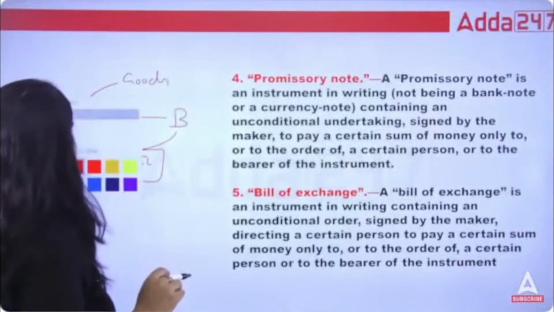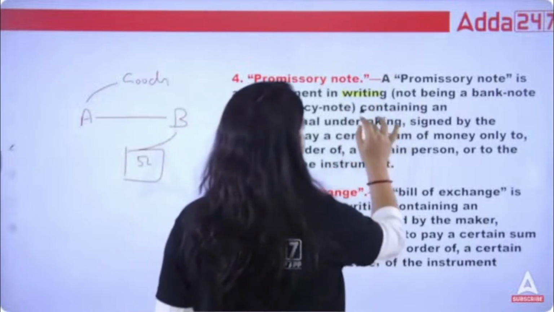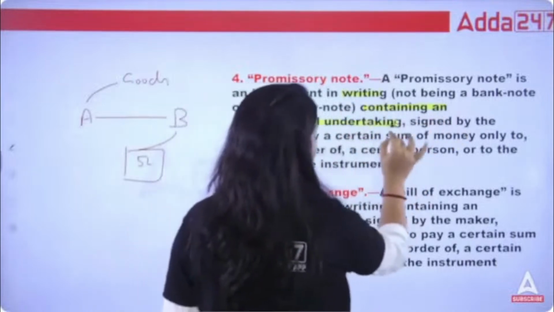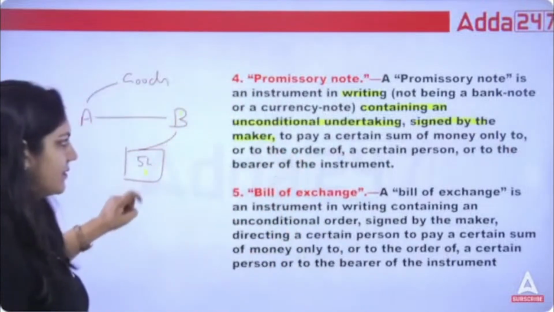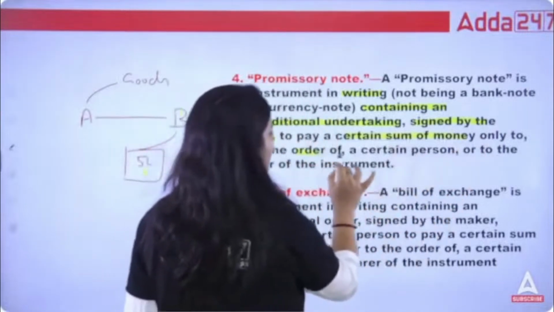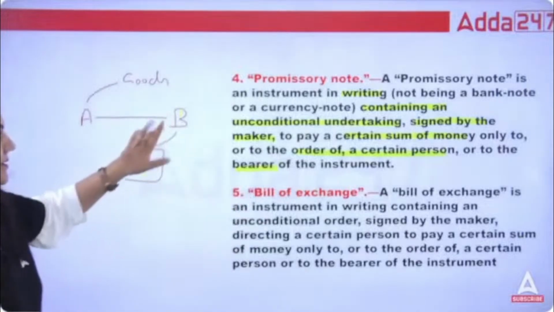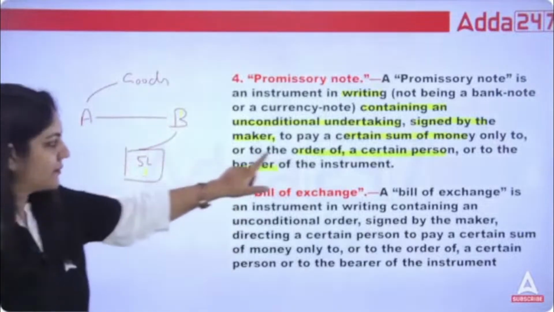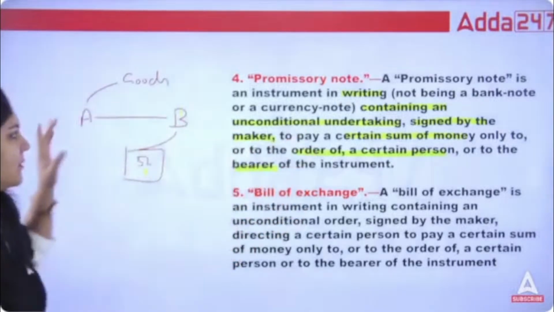So a promissory note is an instrument in writing containing an unconditional undertaking signed by the maker to pay a certain sum of money to the order of a certain person or to the bearer. Order means the name is specified. And bearer means the name is not specified. So this is called promissory note.